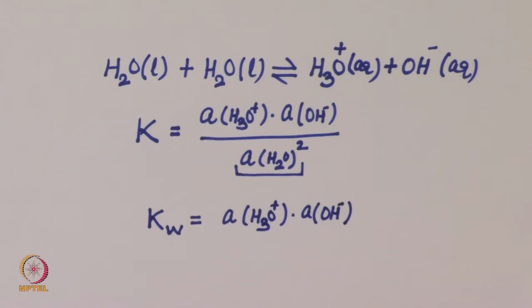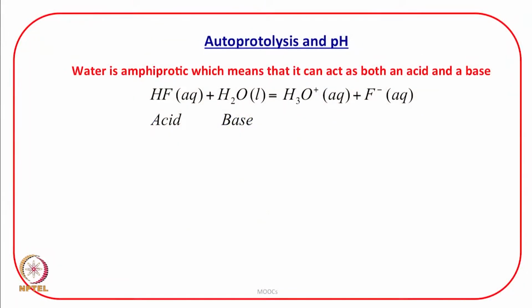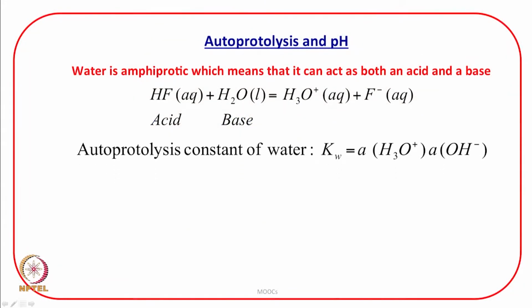Let me now go back to the slide, and this constant Kw is called autoprotolysis constant of water, which is activity of hydronium ion into activity of hydroxide ion.